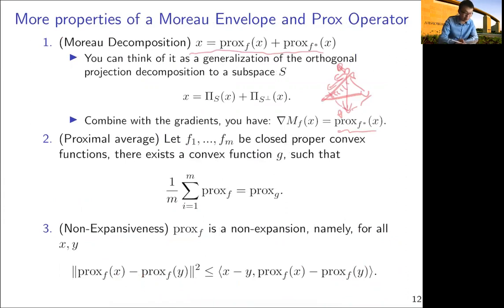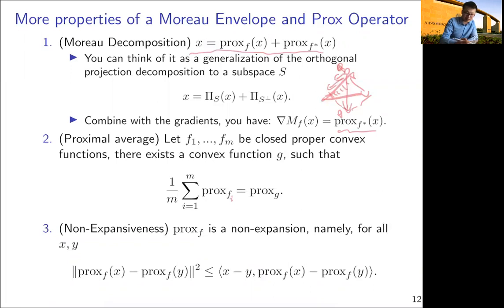That's pretty elegant, right? The second additional property of the prox operator is that if you take multiple convex functions f_i and add them up, sorry for the typo here, there always exists another convex function g such that the sum of the prox is equal to the prox of the sum.